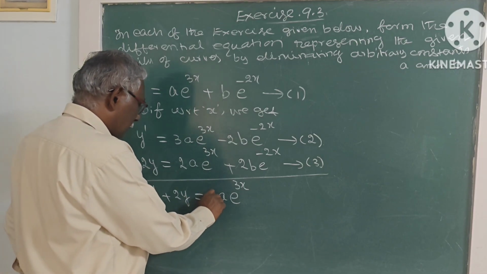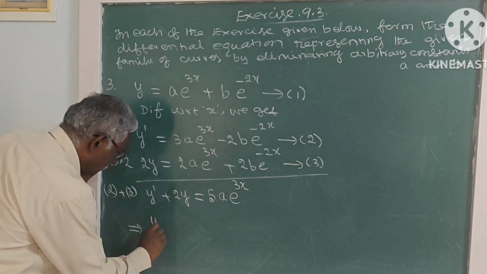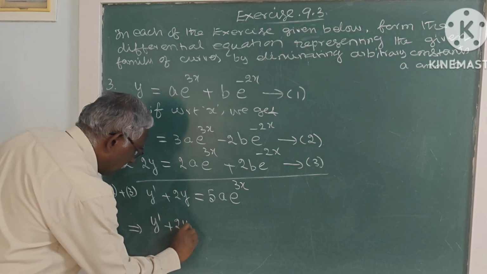Now take e power 3x to the left hand side so that we'll get only 5a in the right hand side, that is constant.